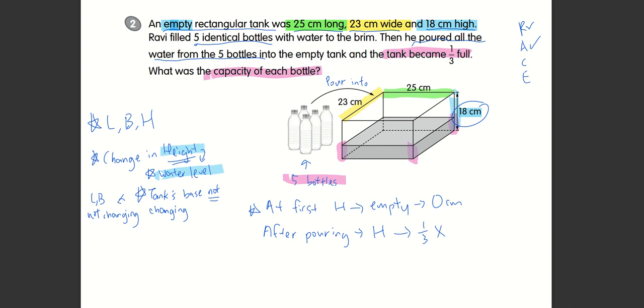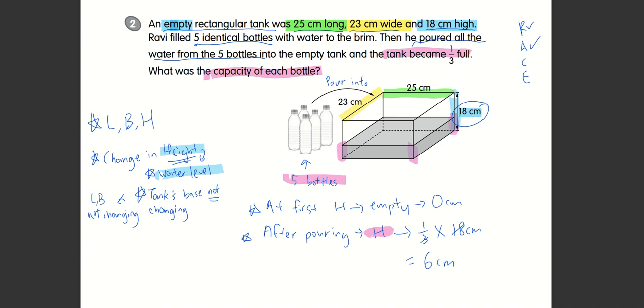This is the height now after pouring in. That's 1/3 times 18 centimeters. 18 divided by 3 is 6 centimeters. So after you pour in, it is 6 centimeters. That's the change in height.